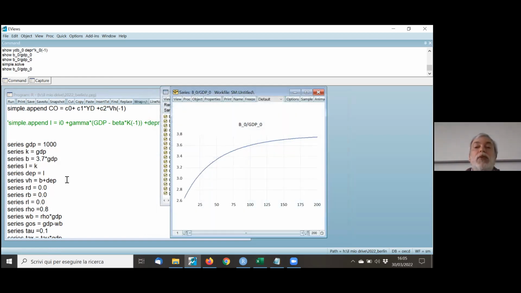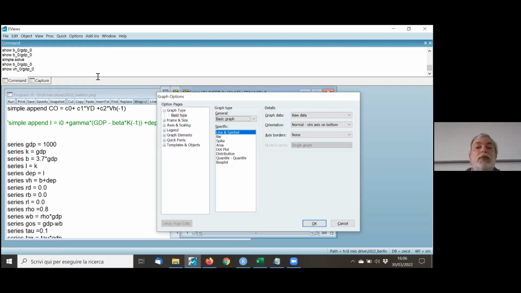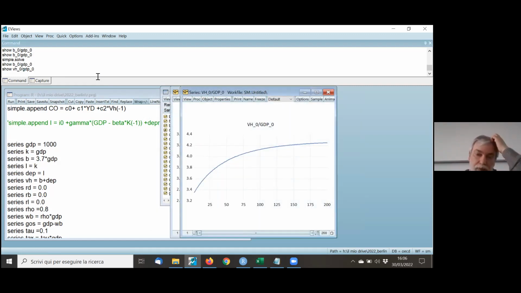It's converging more quickly, but this has not stabilized yet. I guess the stock of wealth will show a similar path.